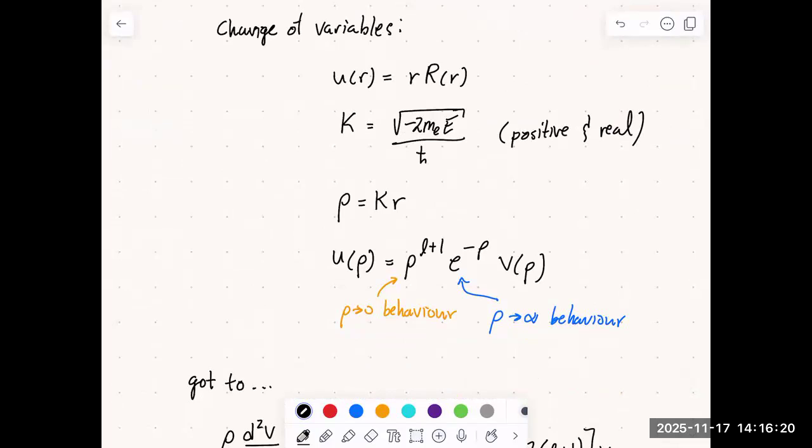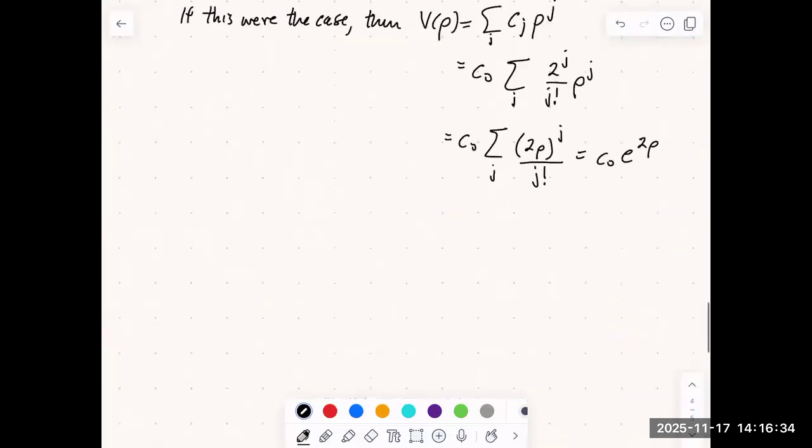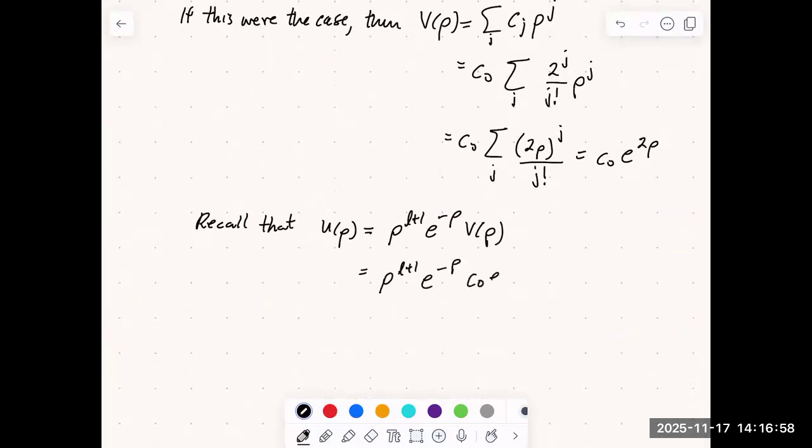To actually get to the radial part of our wave function, I'd have to take this and multiply by R. That's sort of similar to multiplying by rho. Okay, so let's just recall that U of rho is equal to rho to the L plus 1 e to the minus rho V of rho. So that's going to be rho to the L plus 1 e to the minus rho C0 e to the 2 rho.